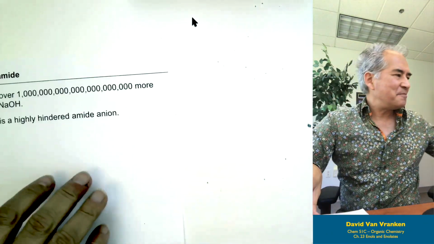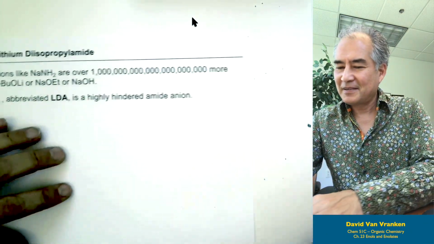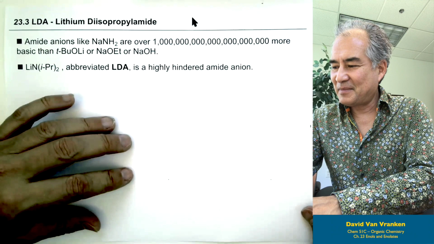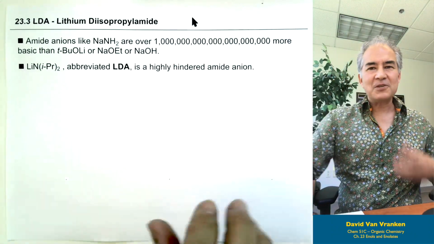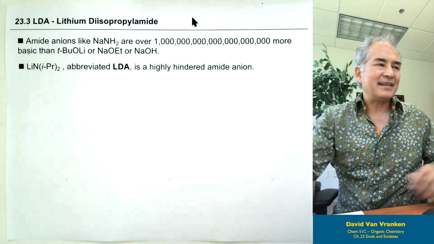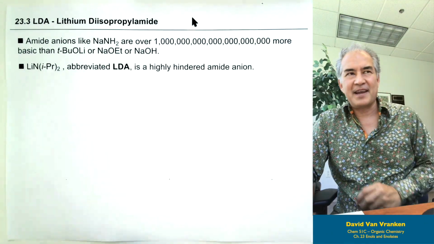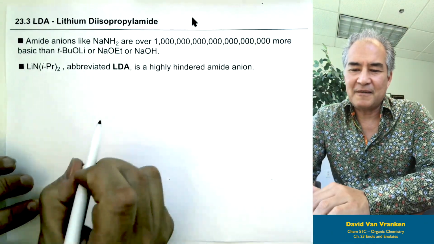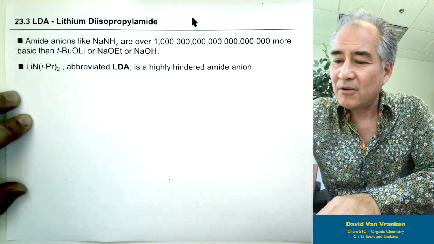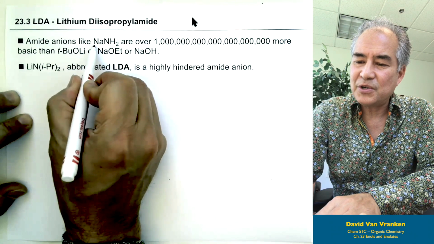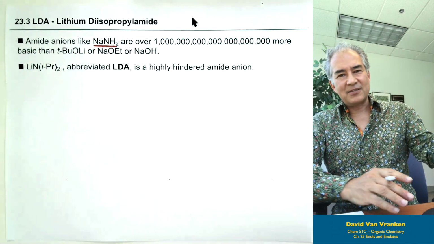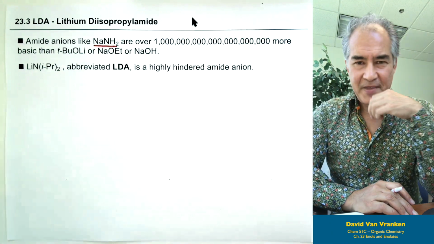So we've got a new base to make this that's worthy of our chemistry, and that's lithium diisopropylamide. Let's take a closer look at it. It's so exciting to see powerful reactions and powerful reagents that really do stuff. Way back in the chapter on alkynes, we introduced you to a new base, but we blew through it so fast that it was hard to remember.